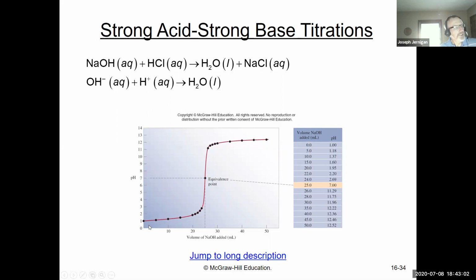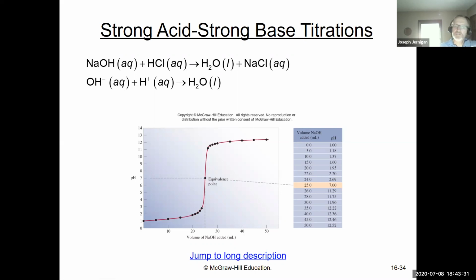And what you see in your titration curve, if you're doing this with an actual pH meter, is that the pH remains relatively low until you get very close to what we term the equivalence point. At the equivalence point, and this is the key feature here, the number of moles of acid has been completely and exactly neutralized by the moles of base that you have added with your titrant.